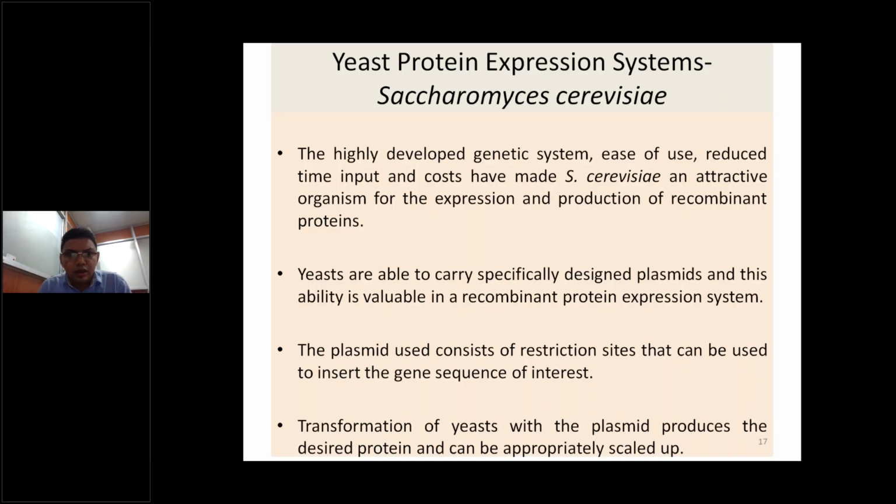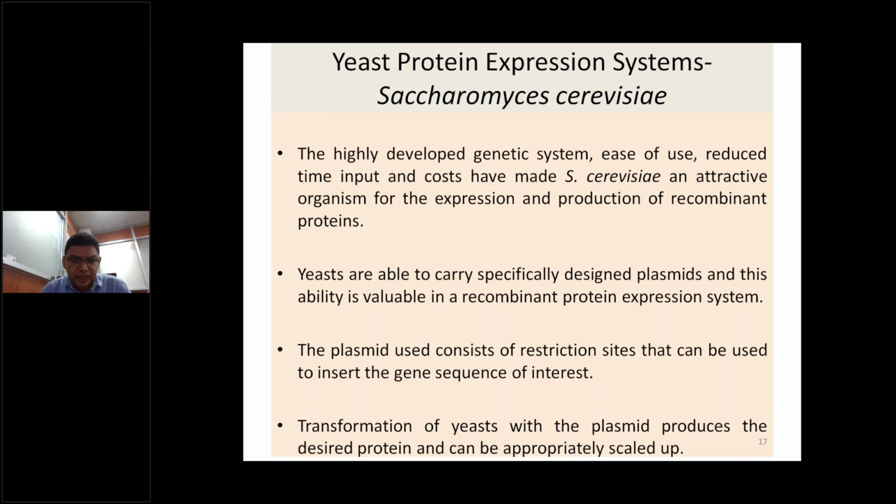So moving to the next protein expression system, which is the yeast protein expression system, specifically Saccharomyces cerevisiae. This is a highly developed genetic system. It is again easy to use. It has reduced time input as compared to mammalian expression systems, and reduced costs have made this particular system an attractive organism for expression and production of therapeutic proteins.